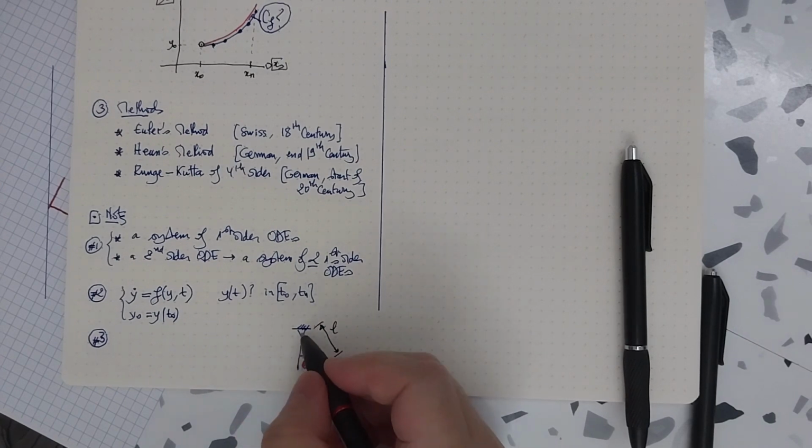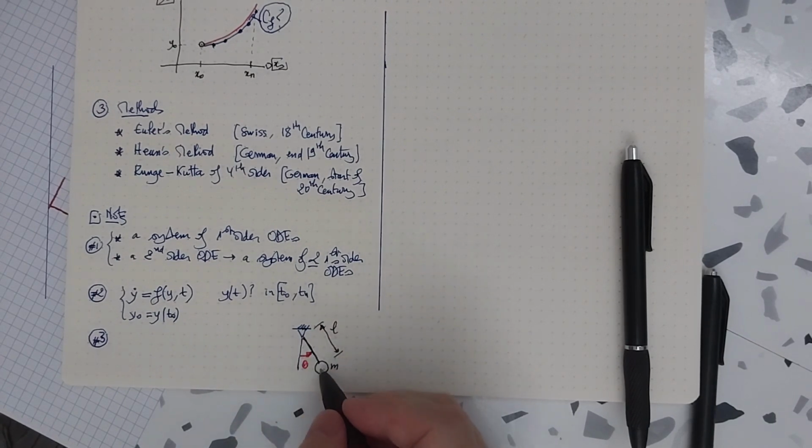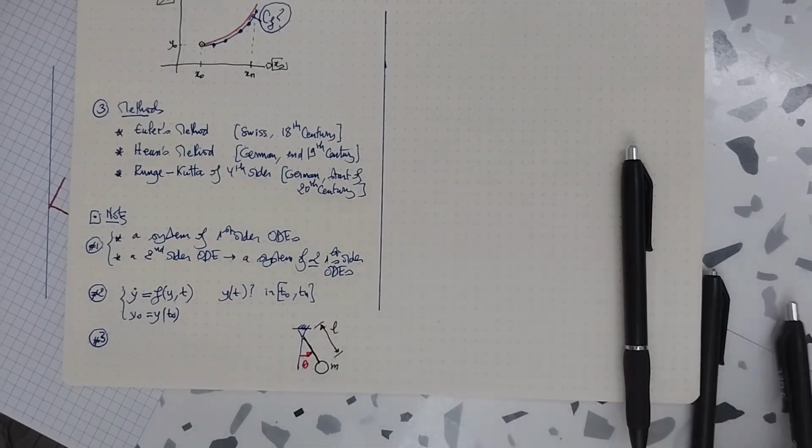It's the angle that the rod makes with the vertical line, which is the initial position, or the position of the pendulum at rest. It will oscillate. So theta as a function of time.